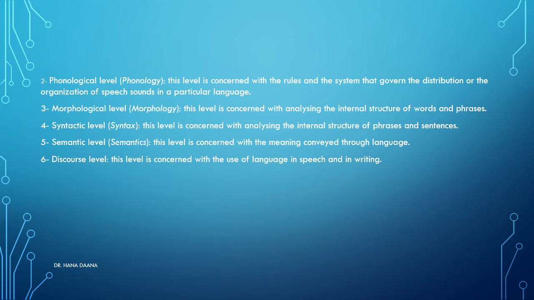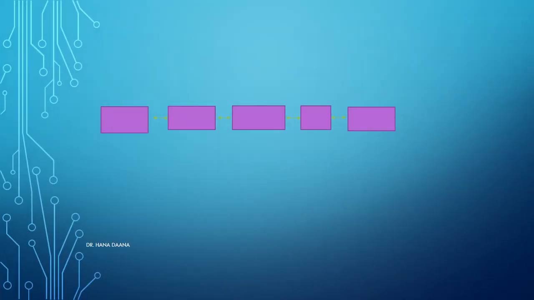These components of the grammar and of language are usually portrayed by different authors as follows. Here we have phonetics, sounds; phonology, the rules and the system that govern the sounds; morphology, the parts or words that are meaningful; syntax, phrases or sentences; and semantics.